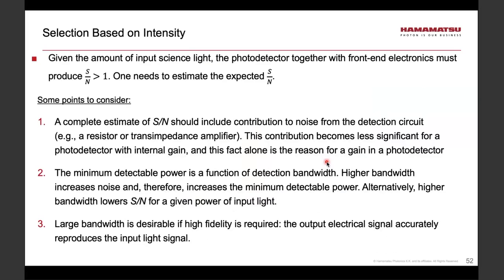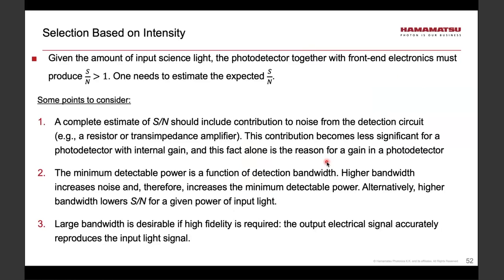Ultimately, we want the signal to noise ratio to be greater than 1. So if one can estimate the incident light power, one can then consider the signal to noise ratio that will be yielded by the various photodetectors under consideration.